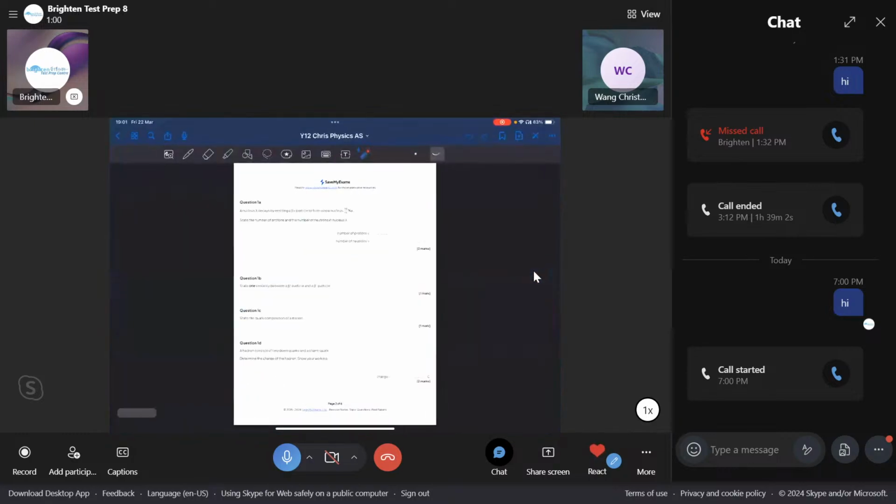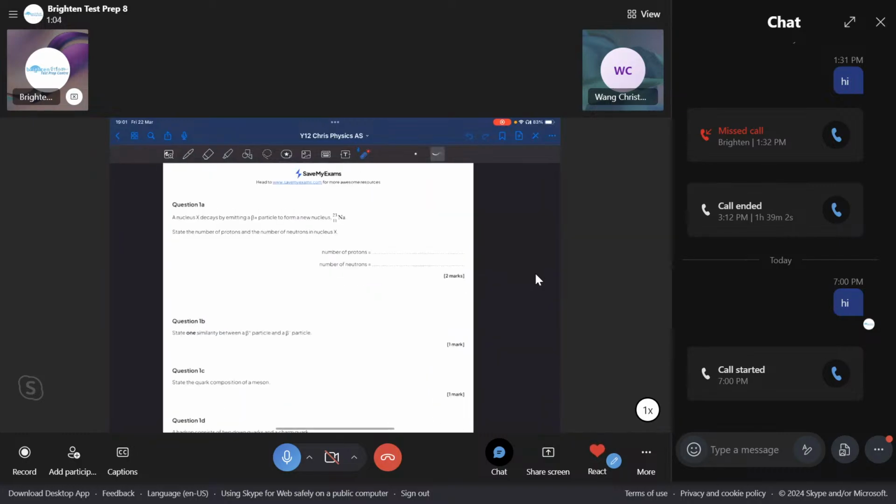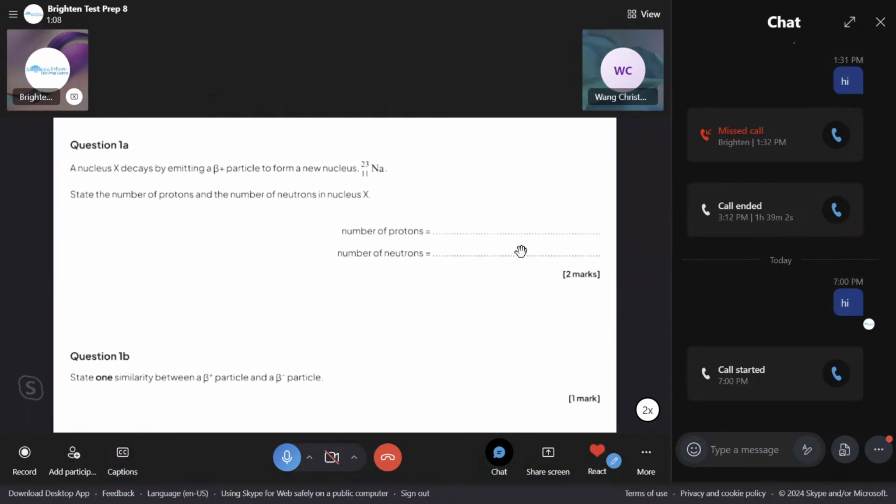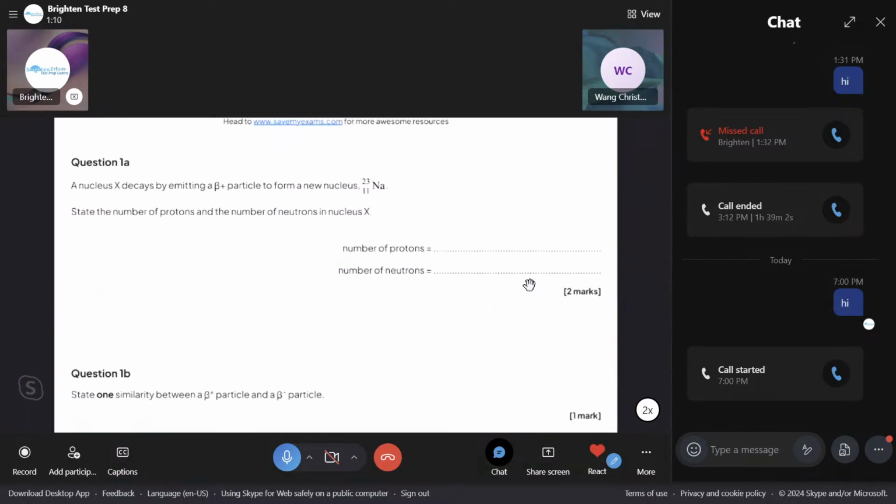Okay, there are many questions, but as we said, we want to stop after 45 minutes at the latest. There's a multiple choice paper as well, but I think it's easier to start with structured questions like this one. This one goes straight into the emission of particles. Nucleus X, we don't know what it is, doesn't matter really.